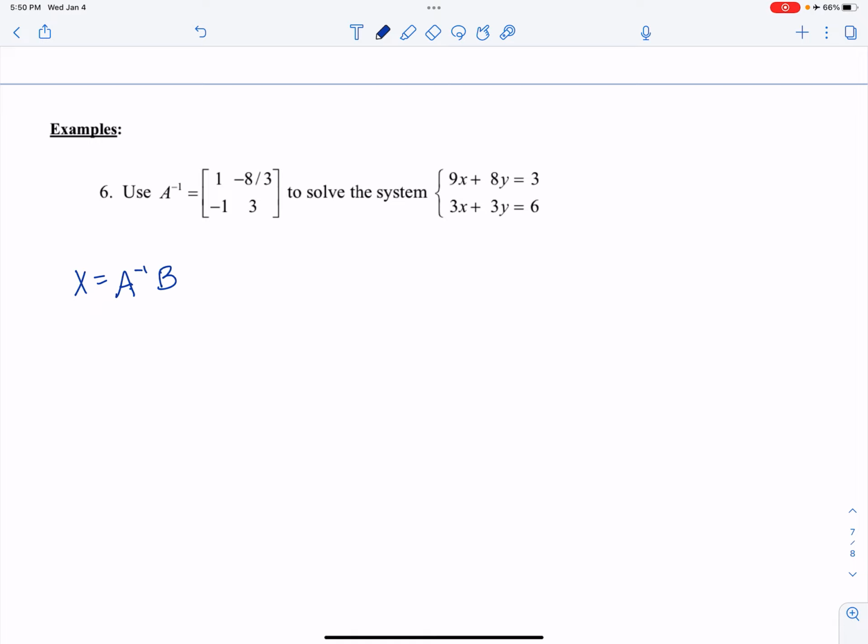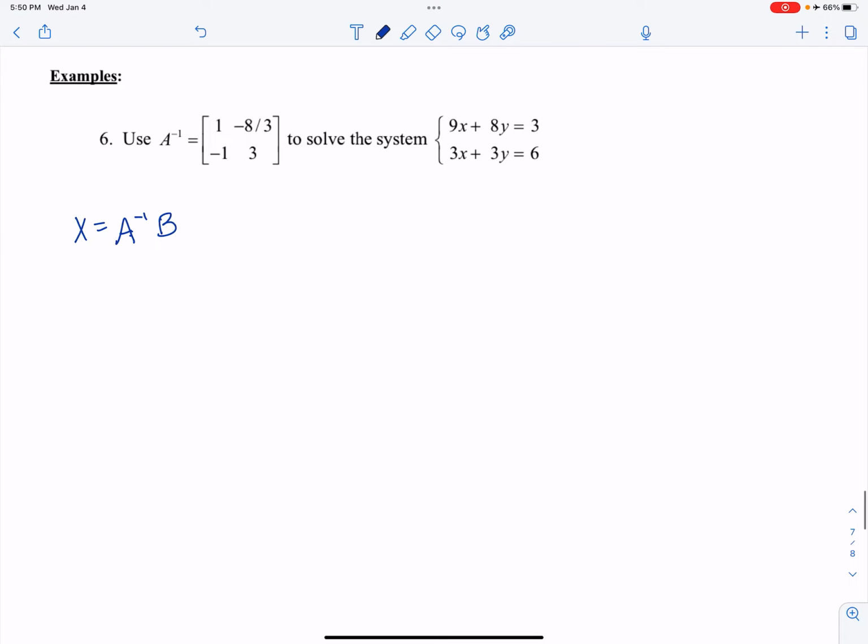So it's a nice, easy way, like a shortcut to solving the system. So they're giving us A inverse and the system. So B, remember, is right there. So x equals A inverse times B.